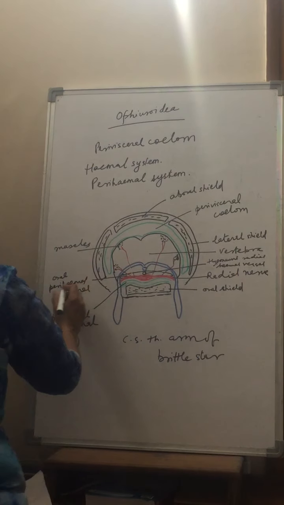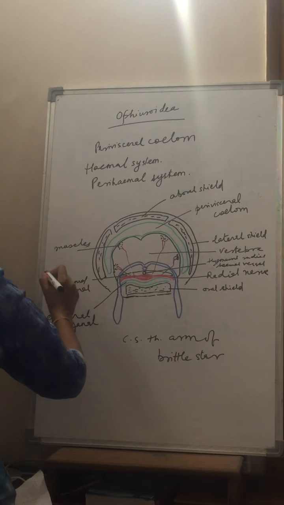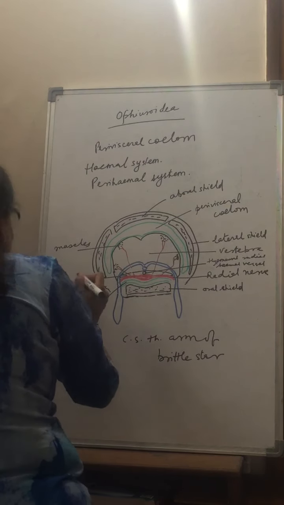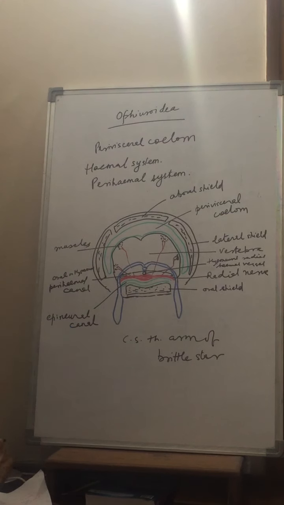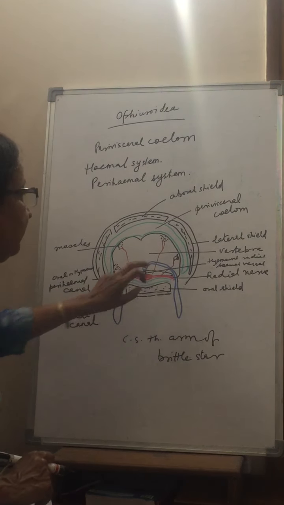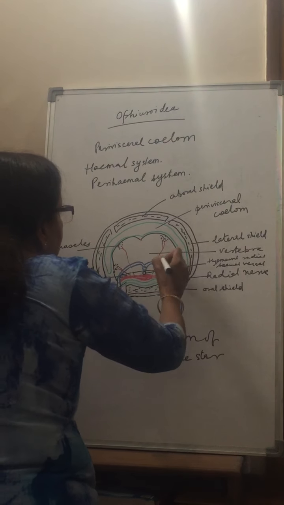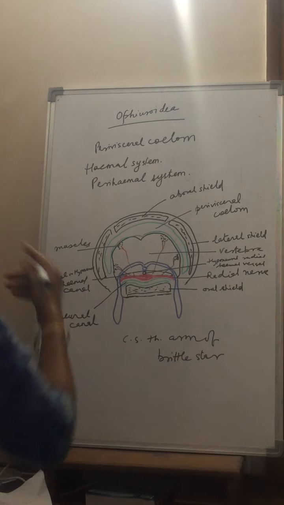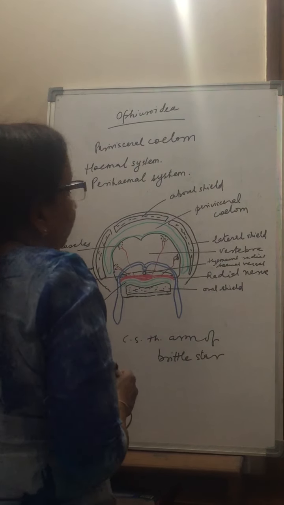We can also call this oral perihemal canal the hyponeural perihemal canal. Is it okay? Because it is above the radial nerve, or below the radial nerve, you can say.